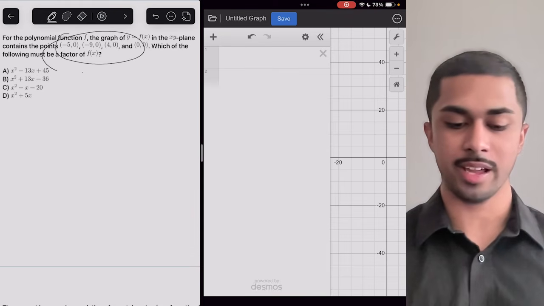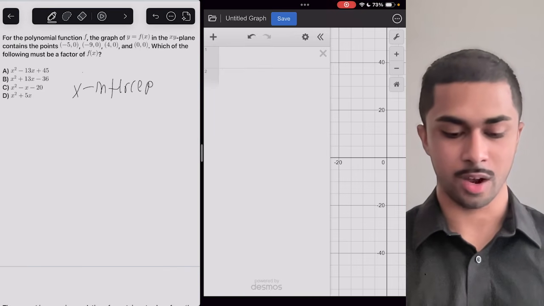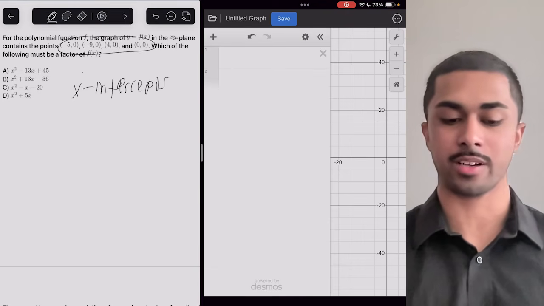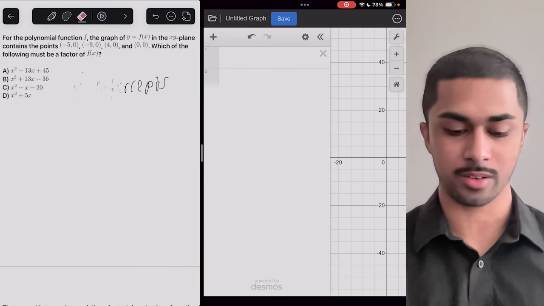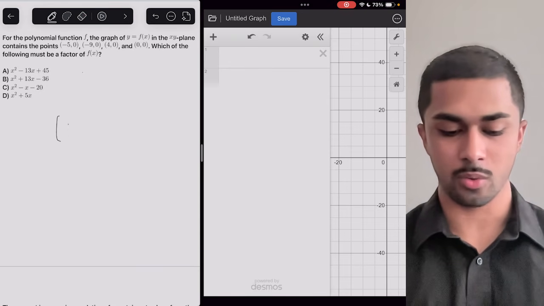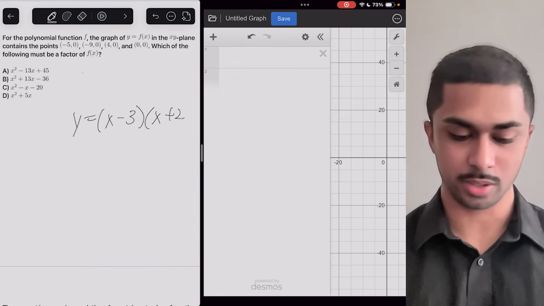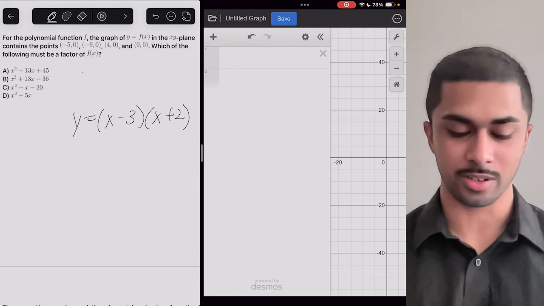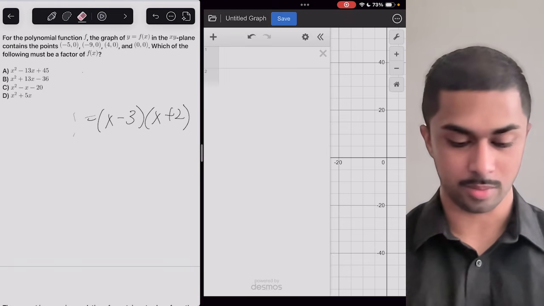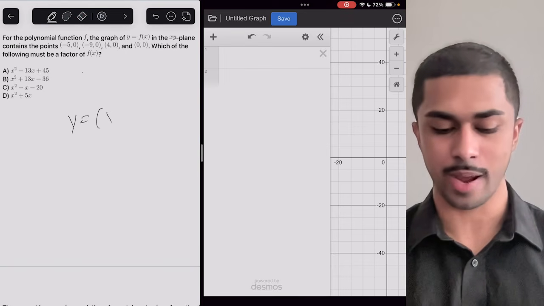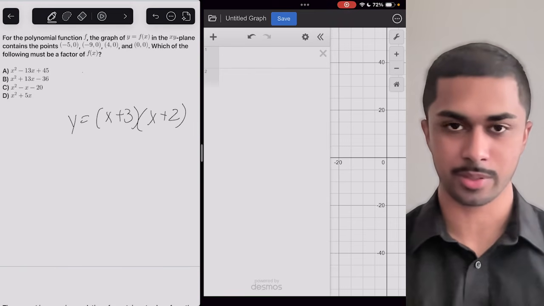I want you to recognize that anytime you get x-intercepts of a function, these are basically factors. Why? Because you can reverse them into their factors. If I told you that y is equal to x plus 3 times x plus 2, then what are the x-intercepts of this question?